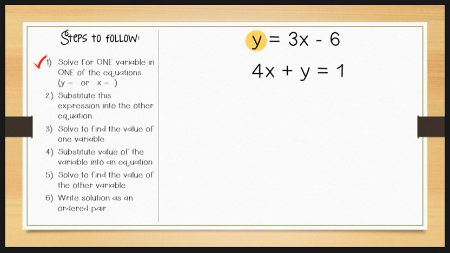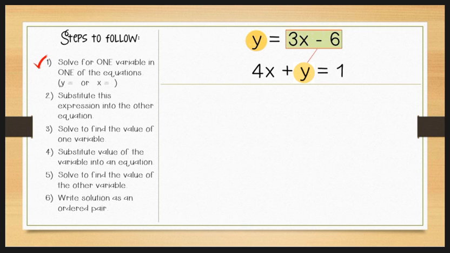Then we look at step 2, and it says substitute this expression into the other equation. So now we are going to look at the equation where we have y equals, and we're going to look at that expression, that 3x minus 6, and substitute that expression into the other equation. Since 3x minus 6 is equal to y, then we can substitute that expression in for y in the other equation.